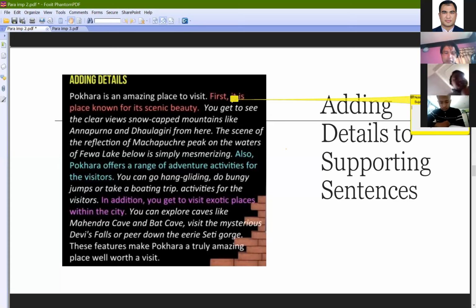If you call this topic sentence A, and you call the supporting sentences B, there are 3 or 4 Bs, and then you move on to another idea.